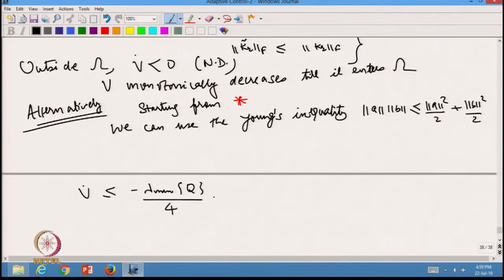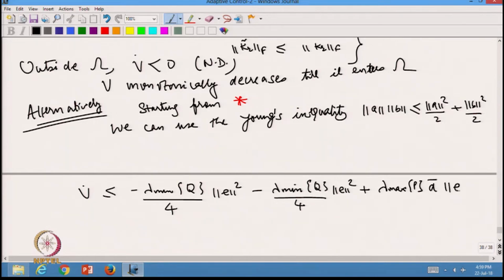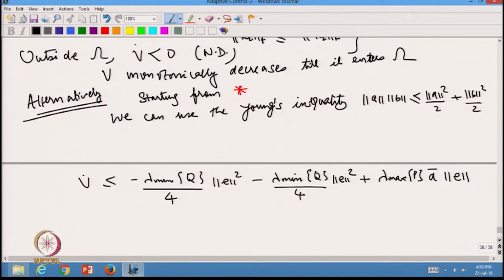So, we are dividing this into two parts. Plus what we have is lambda max times d bar times E.